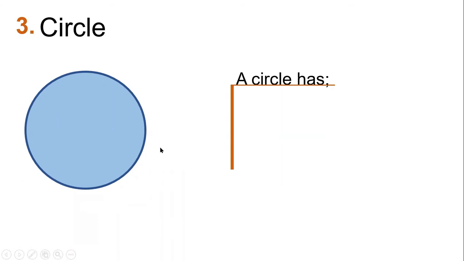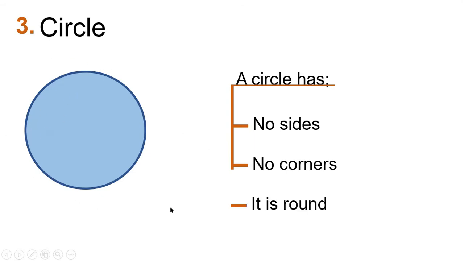Does it have any corners? What do you think? Okay, so a circle has no sides and it has no corners. It is round. Okay? All right.